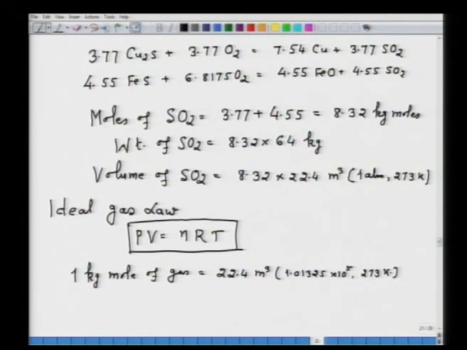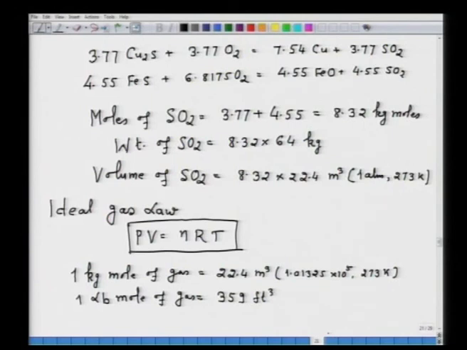That is all known to us. Also 1 pound mole of gas, that is equal to 359 feet cube. I think I had given it elsewhere, but anyway this is also given as information.